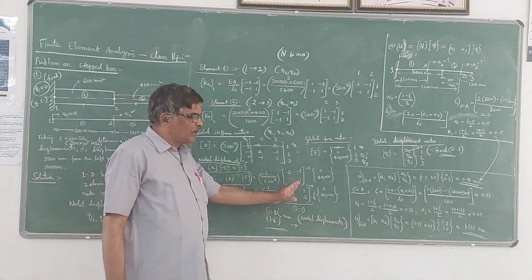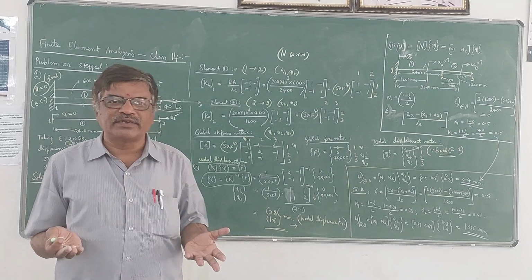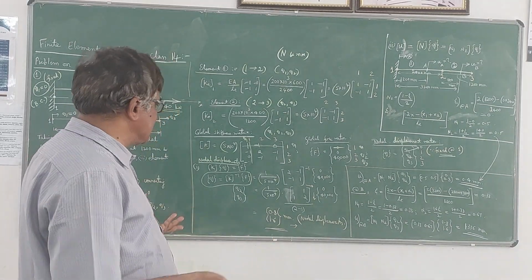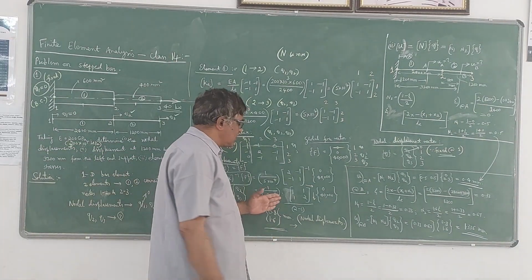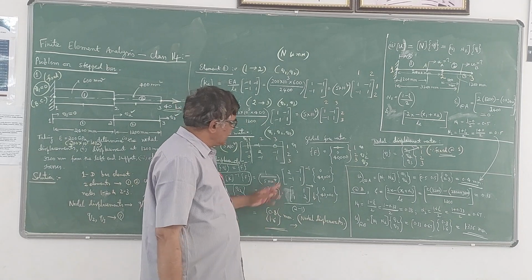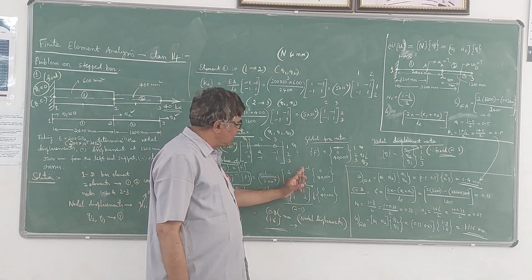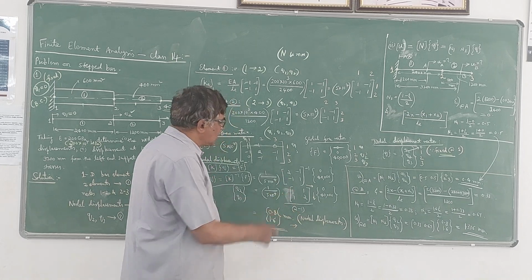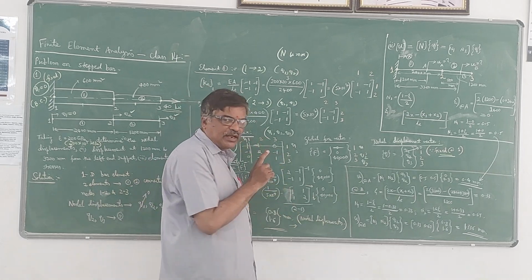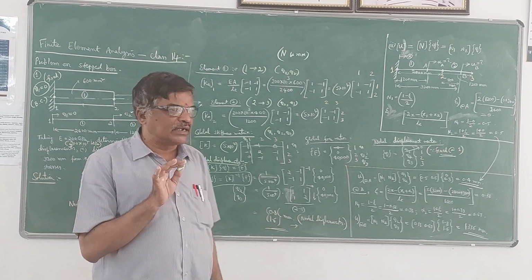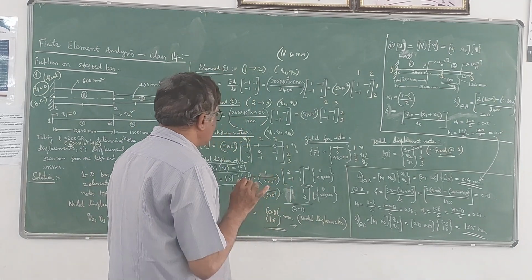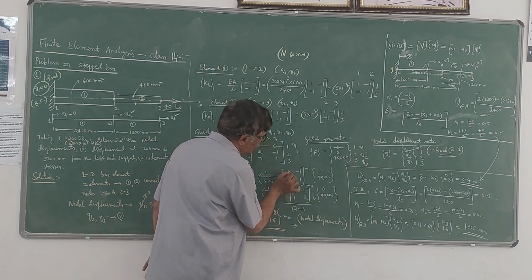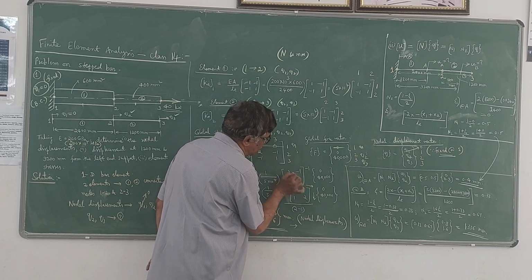Now you know how to find the inverse of a second order matrix. It is very easy. The inverse of a second order matrix is nothing but the adjoint of this matrix divided by the determinant of that matrix. So observe here, for a second order matrix, adjoint is nothing but you interchange the principal diagonal elements.